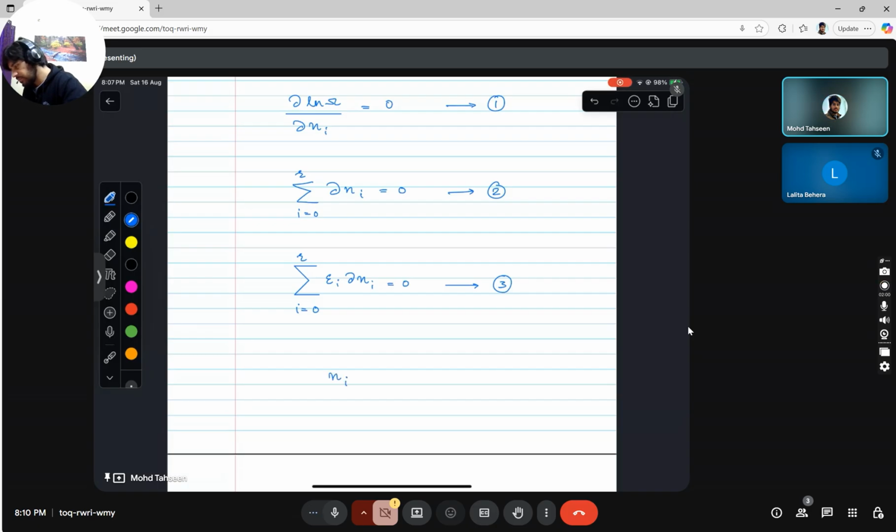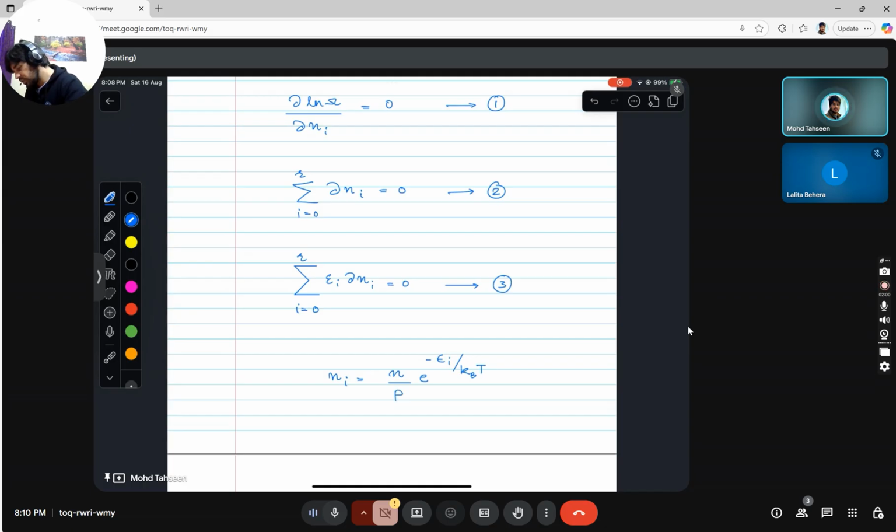Ni is equal to n over P e to the minus epsilon i over k_B T, right?